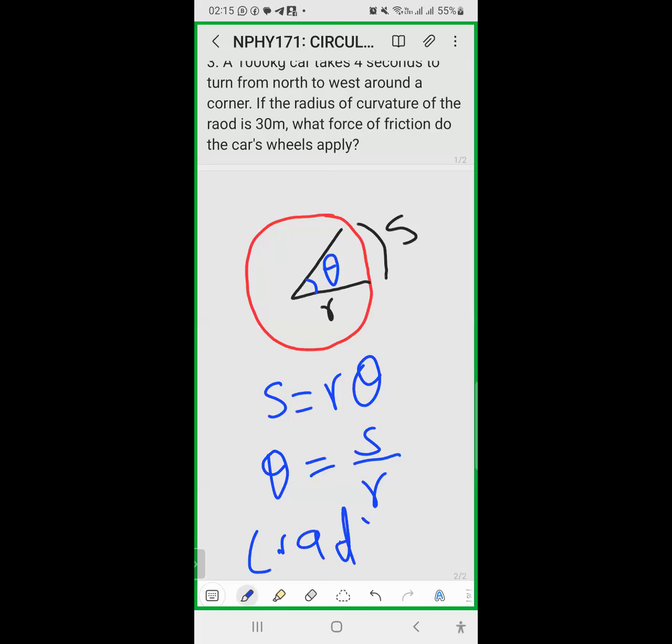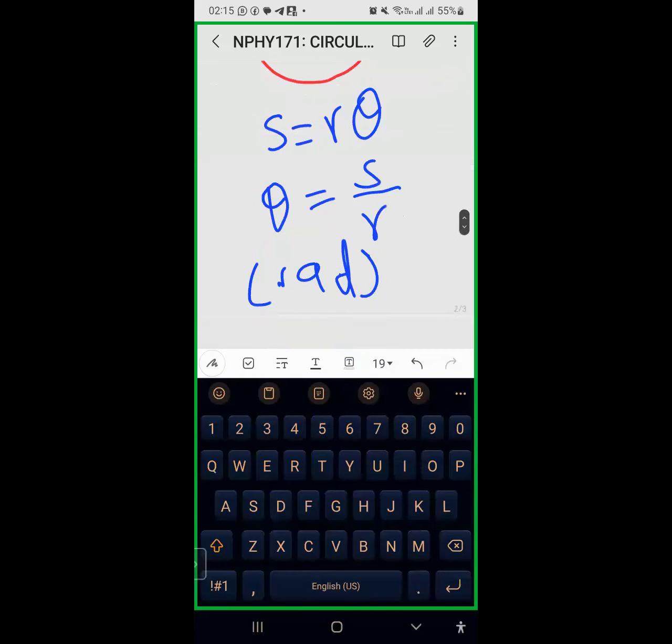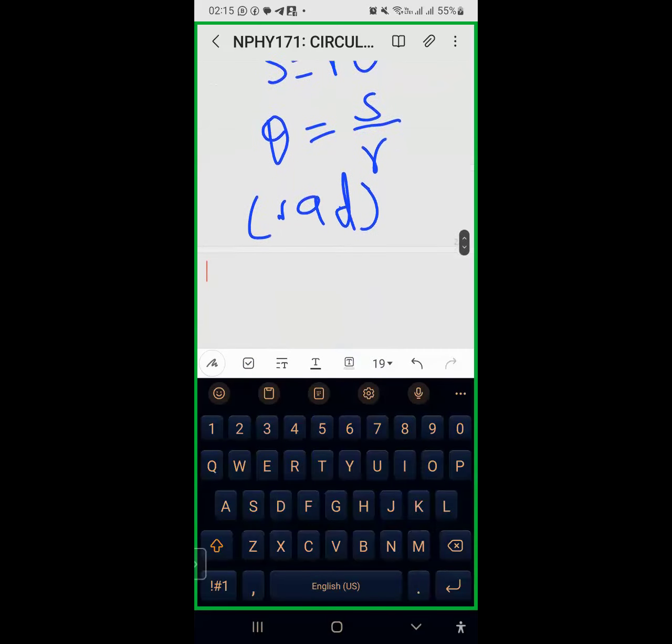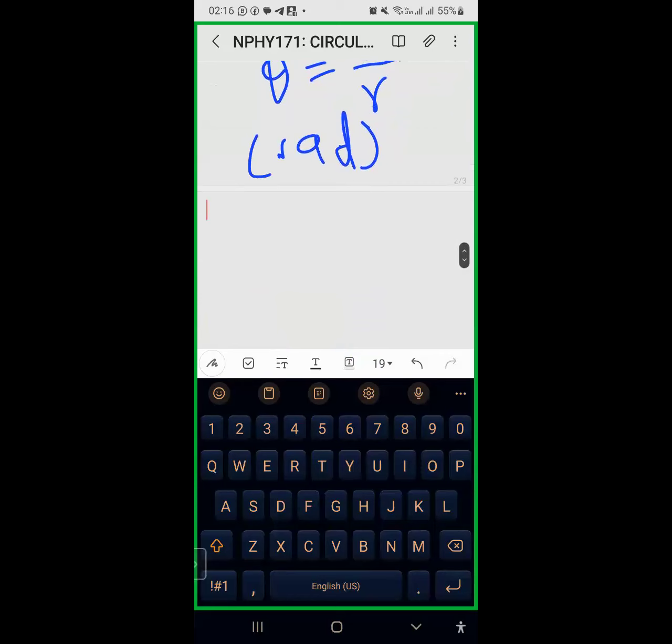One important thing you have to be aware of when it comes to angular displacement is that it can be given in revolutions, radians, and also in degrees, but it has to always be in radians.